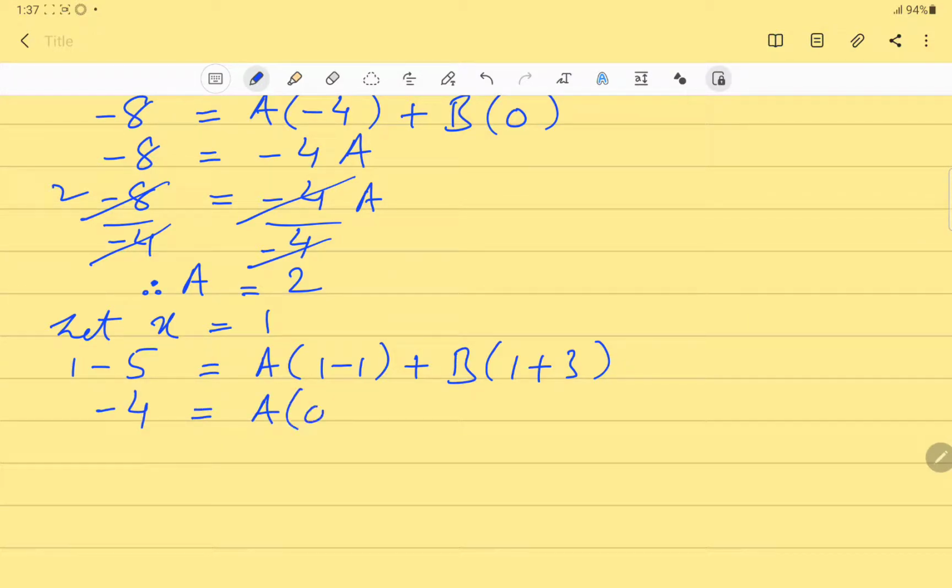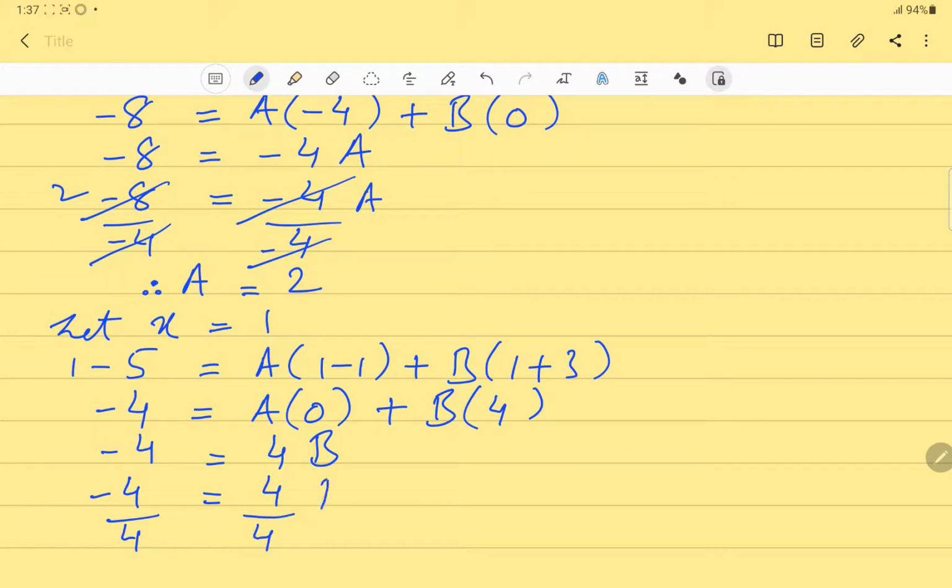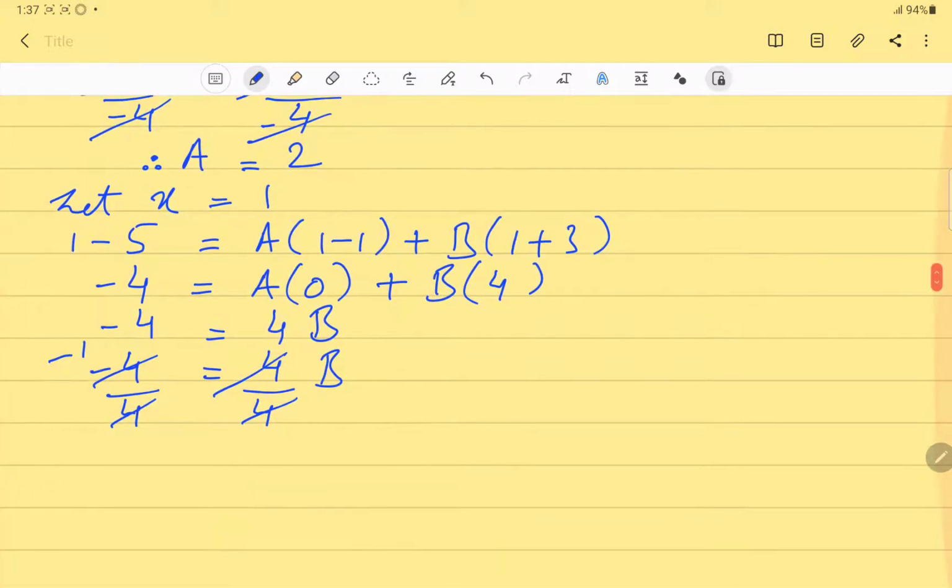It will be a into 0 plus b into 4. So minus 4 is equal to 4b. We will divide both sides by 4. So b will be equal to minus 1.